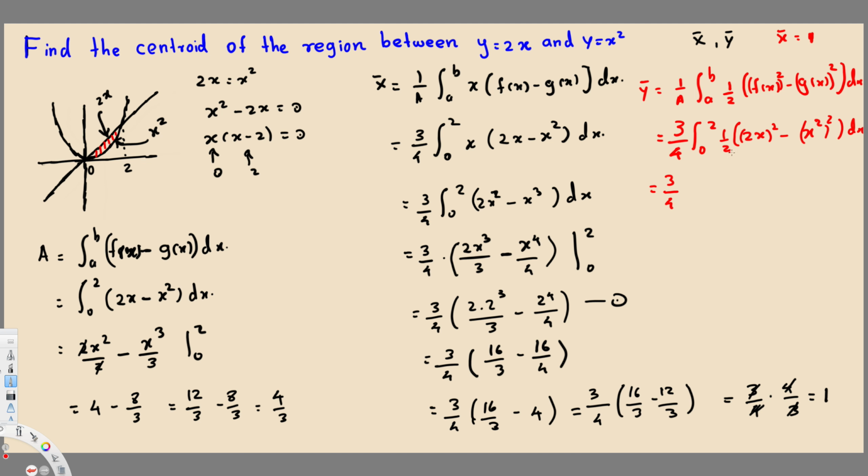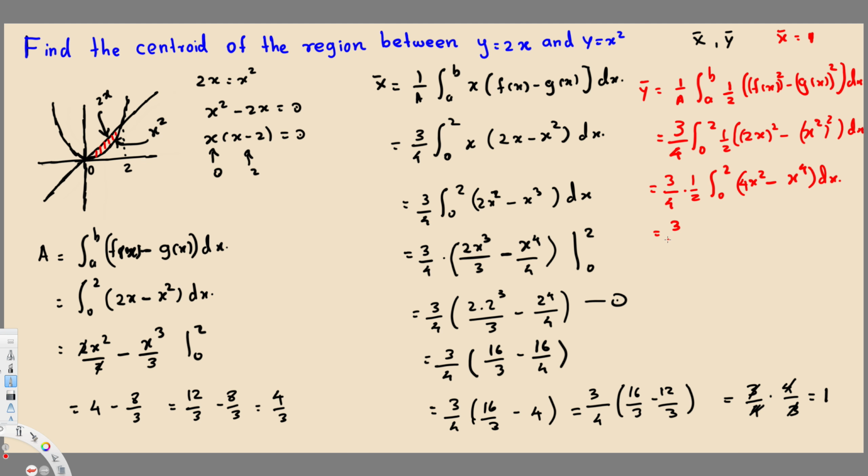Since half is a constant, I can move it to the front. Let's square everything: 2x squared is going to be 4x squared, minus x squared squared is x power 4, dx. Now we can do the integration, and also we can multiply this one.